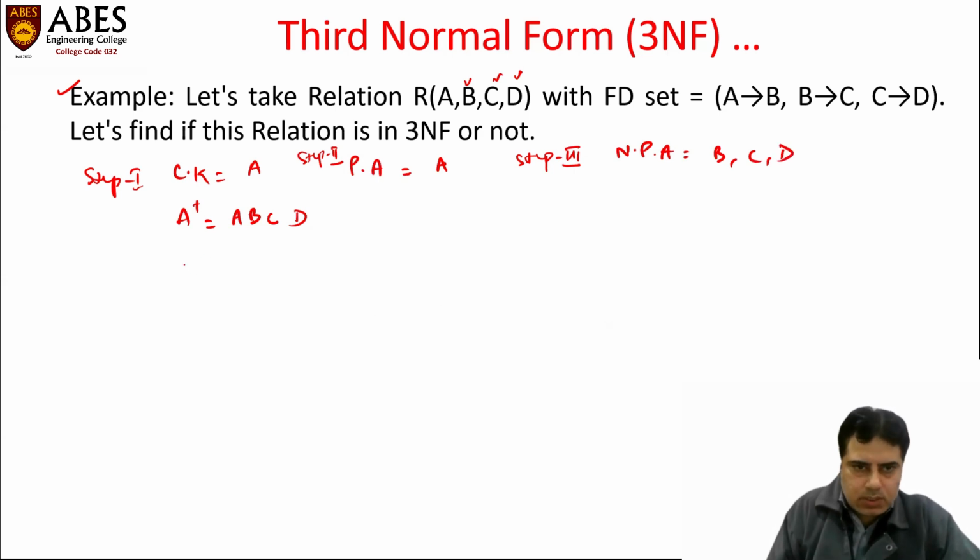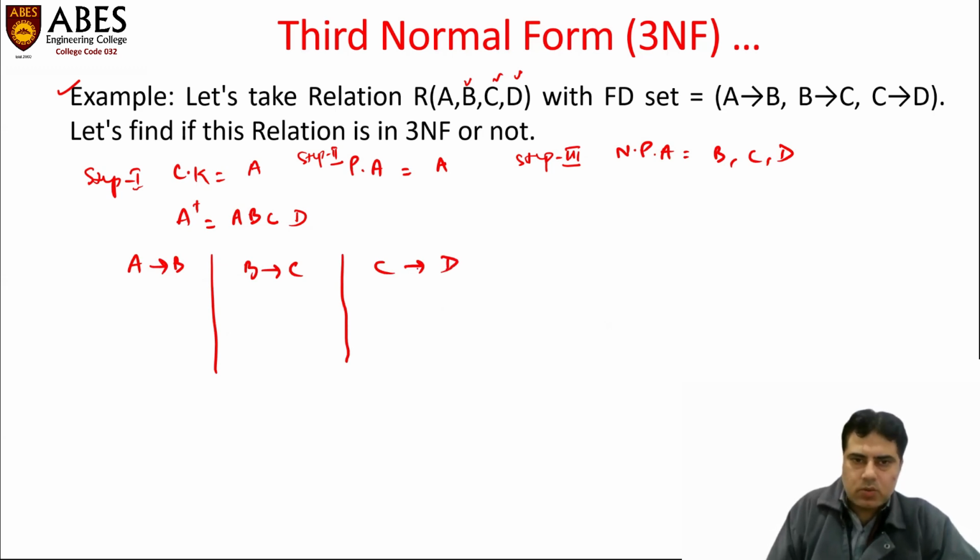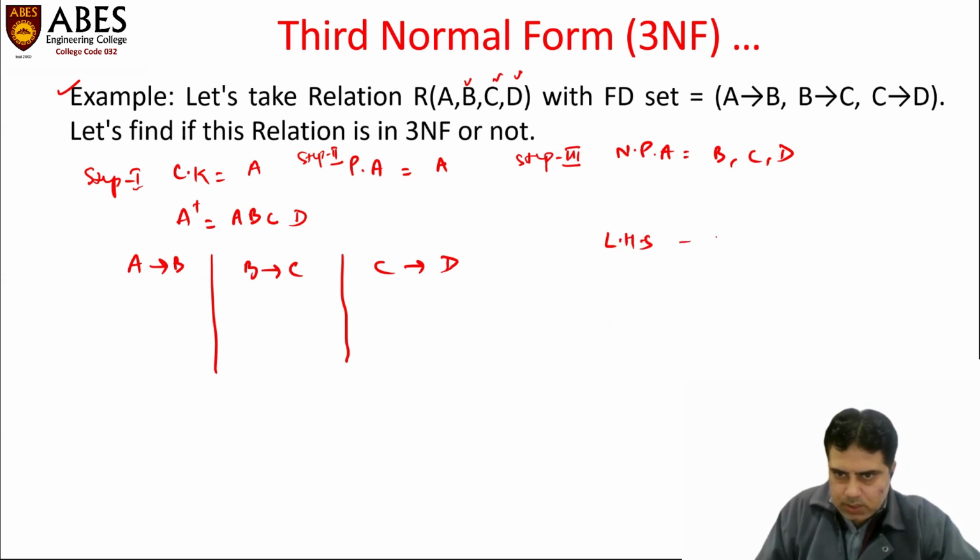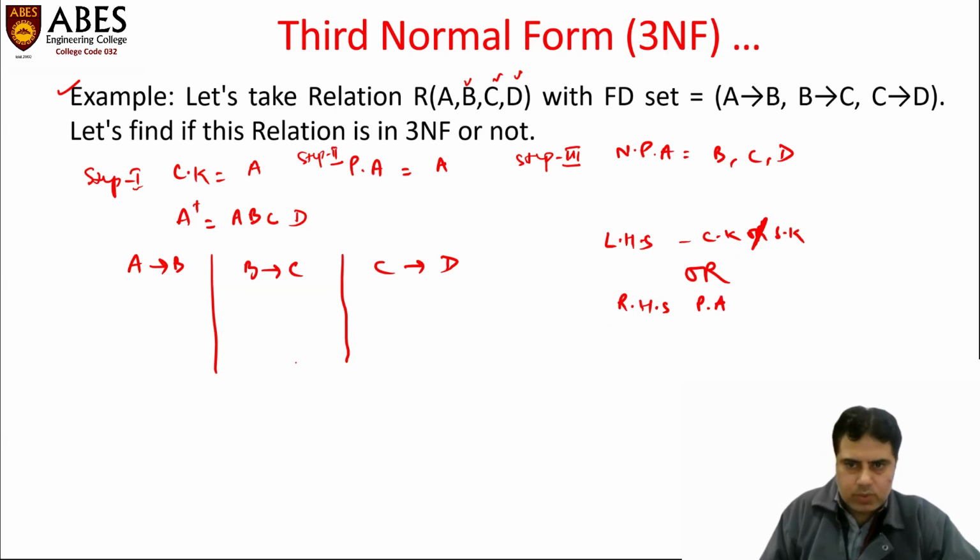Now check for 3NF. Here are the functional dependencies that are given. If any of the functional dependencies is not in 3NF, we can say that the whole relation is not in 3NF. Now check for the condition: the left hand side should be the candidate key or super key, or the right hand side should be a prime attribute.